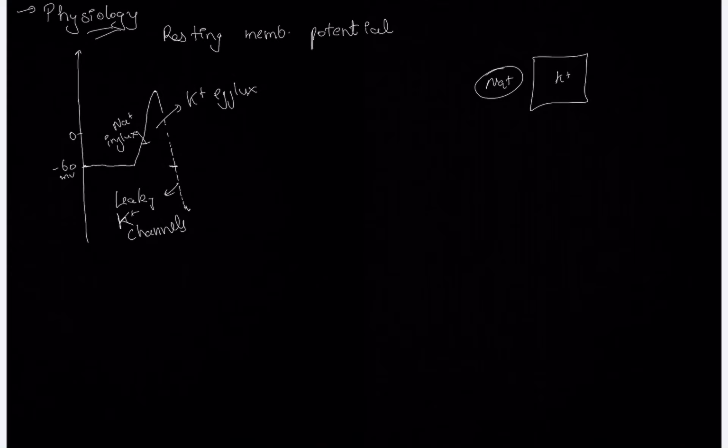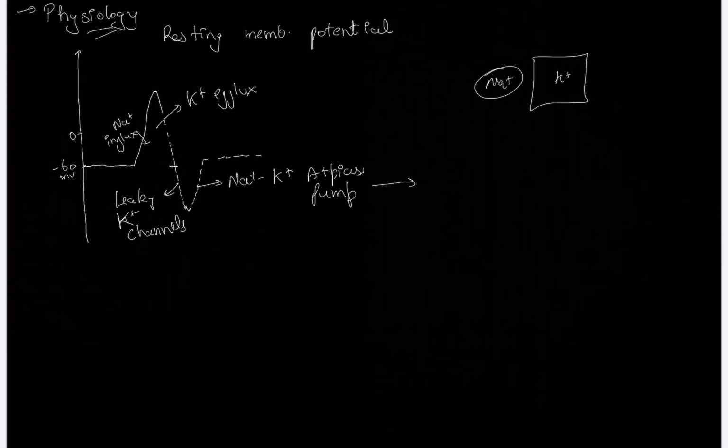Then to restore the membrane potential to minus 60, in every cell there is something called the sodium potassium ATPase pump. And what happens in these pumps? Basically they take the resting membrane potential back to its original form, that is minus 60 millivolt.